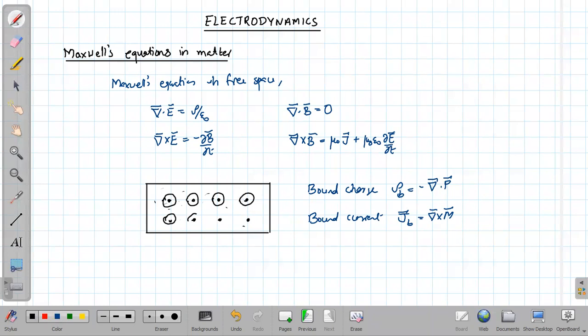The center of the nucleus and the center of the electron cloud would be almost the same, and there will not be any dipole moment. Now, if you apply the electric field to the system, what would happen?